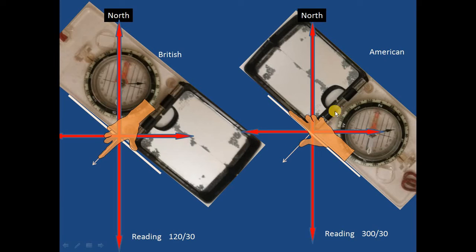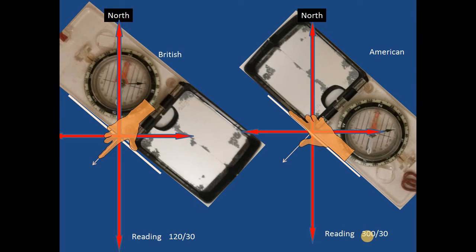But with the American right-hand rule, if I start reading from north, because the index finger points towards the strike, I go clockwise. It's 90, 180, 270. So it's 300. You see what happens here. There's a difference of 180 between the American and the British right-hand rule.